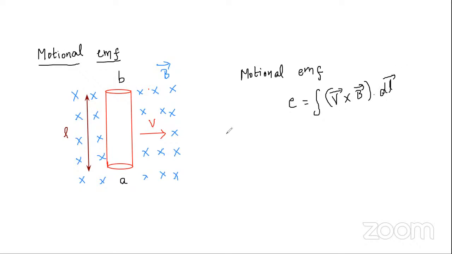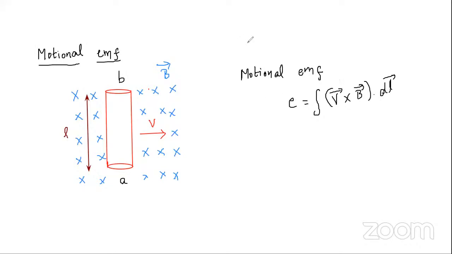Here dl means the small length of the conductor moving in the magnetic field. So in general, the motional EMF is represented by E equals integral of (v cross B) dot dl.